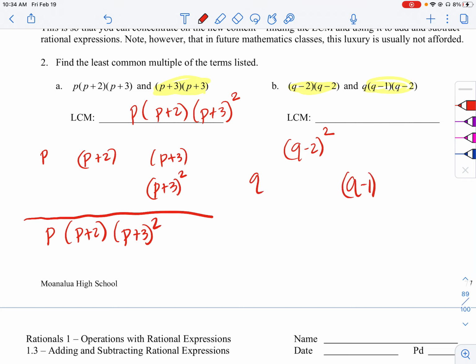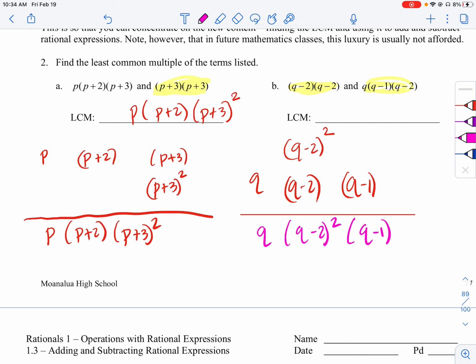I have q minus 1, and I have q minus 2. Okay? And then q wins on this column, q minus 2 squared wins in there, and then you have a q minus 1. All right. So your least common multiple, your LCM, is going to be q. I can write q minus 1 first if I want to. Q minus 2 squared. Okay, there you go.